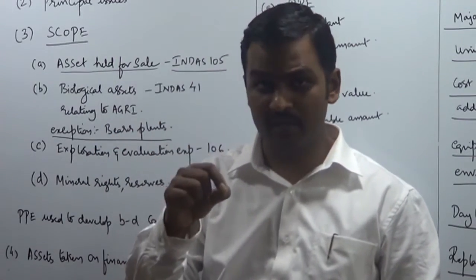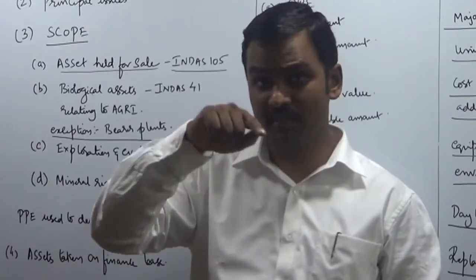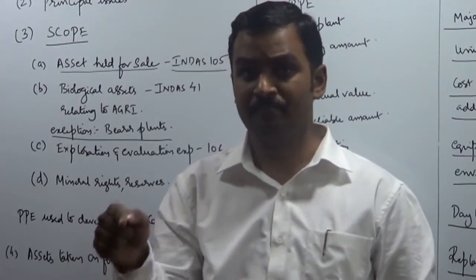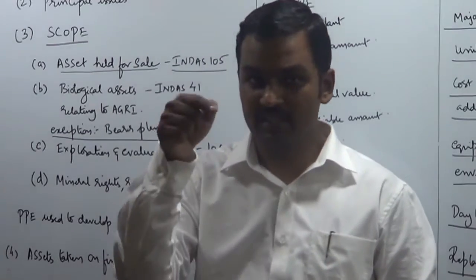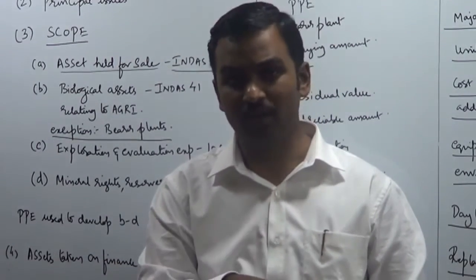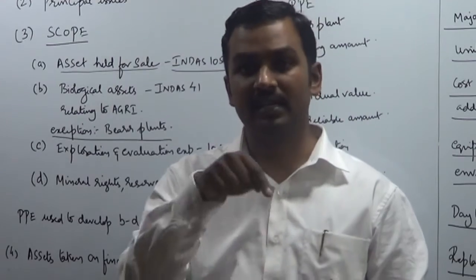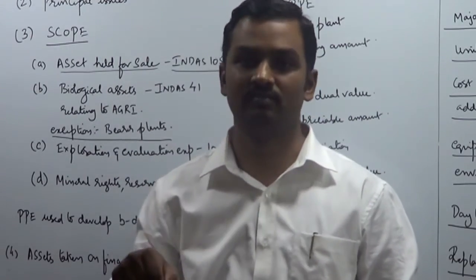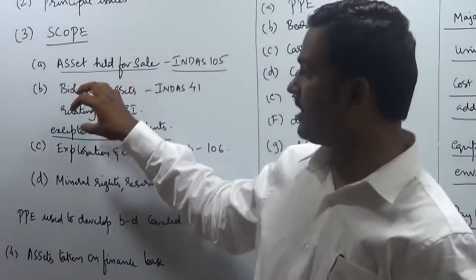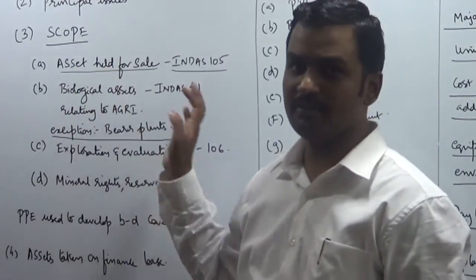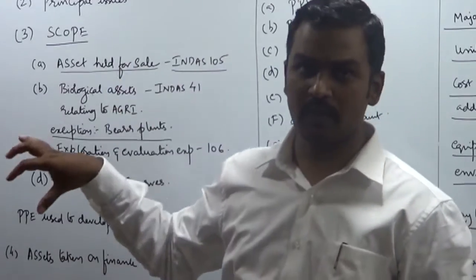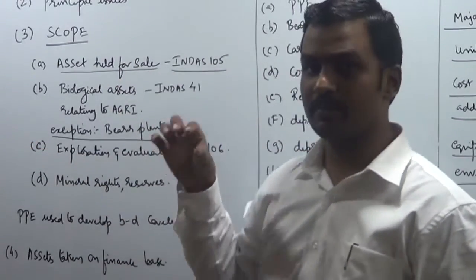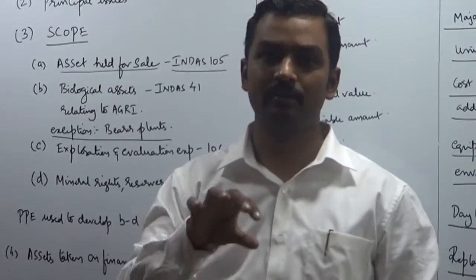Accounting for bearer plants: even though bearer plants are used for agricultural activity, apple farming is agricultural activity, mango farming is agricultural activity, but still the accounting for those mango trees, apple trees is covered by Ind AS 16. Okay, so even though biological assets relating to agricultural activity have been scoped out, they are covered by Ind AS 41, but out of those biological assets, a specific asset called bearer plant is still covered by the standard.